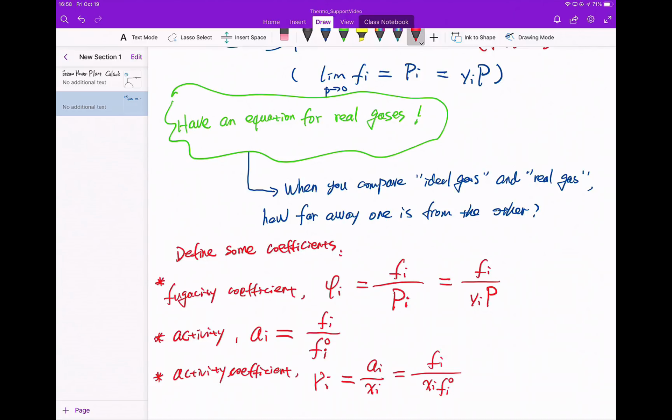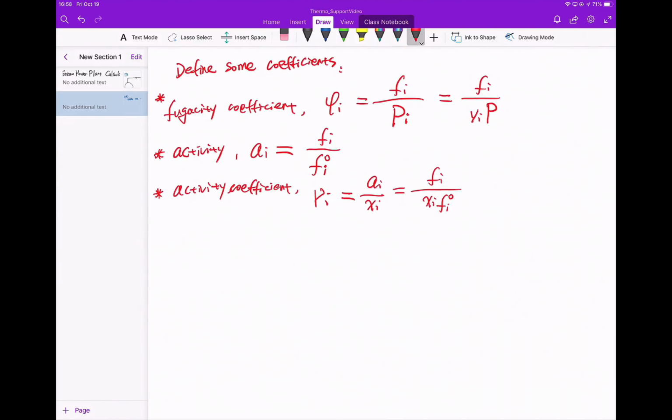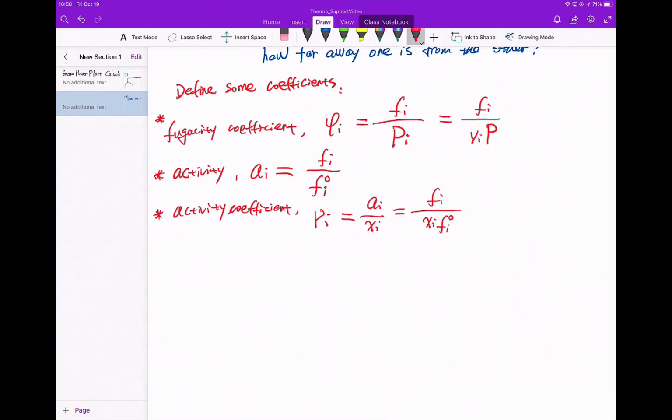And as we discussed, this is quite nice to correlate the vapor with respect to the liquid at equilibrium. So we could understand this as mainly useful for the vapor, and this is quite useful to include the liquid phase.